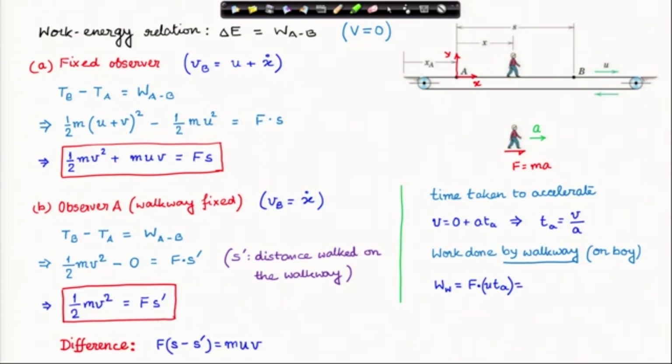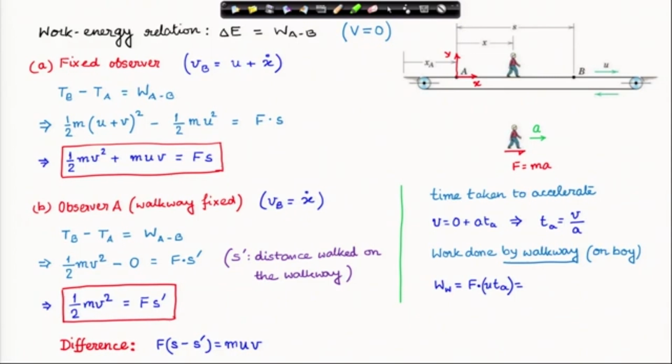Now, this same force is acting on the walkway also. Therefore, the work done by the walkway motor is this force times the displacement of the walkway during the time of acceleration. The displacement of the walkway is u, the velocity of the walkway, times the accelerating time of the boy.